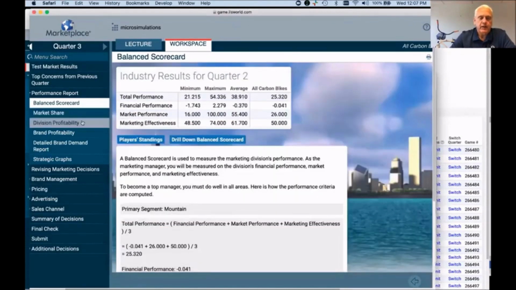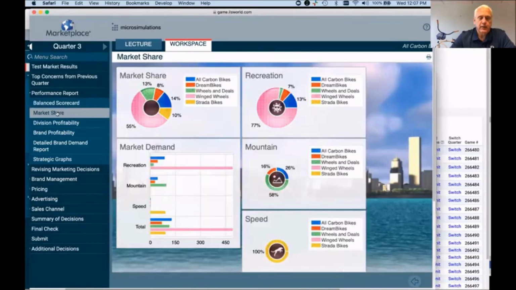I can see my market shares against the computer generated competitors. I'm in the blue, I have 14%. I actually have 13% of the recreation segment, 26% of the mountain segment, which is the one that I'm targeting. But Wheels and Deals is at 58%.